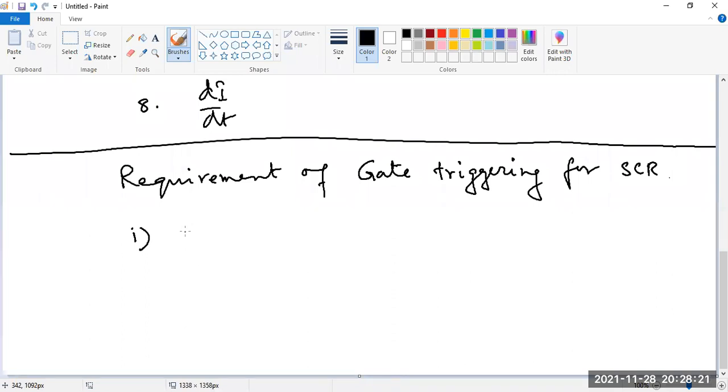Correct. That means the duration of the gate pulse should be sufficient so that the anode current or the device current becomes equal to or more than the latching current.